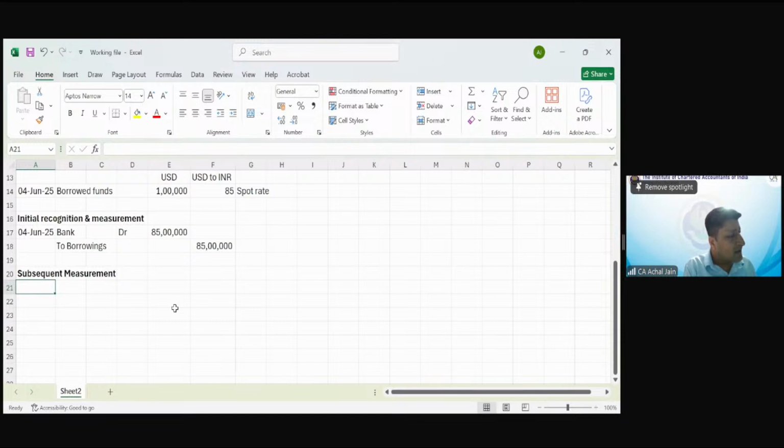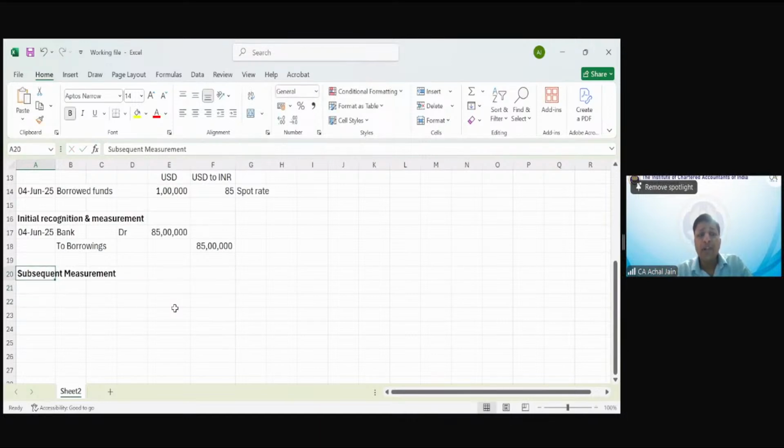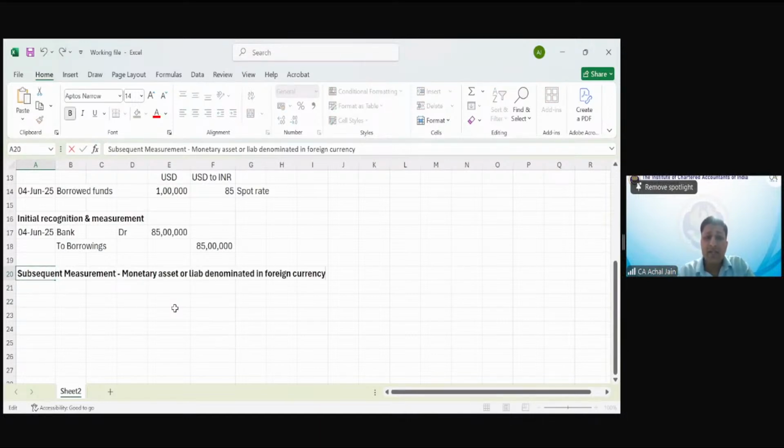Standard says that if you have any monetary asset or monetary liability which is denominated in foreign currency, so that means for all the assets and liabilities, subsequent measurement will not be done.